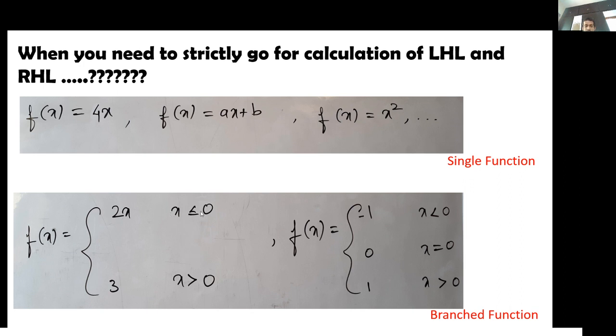So c less than 0, first case, there you do not need LHL and RHL, c greater than 0, you do not need LHL and RHL. But whenever you are taking equality sign, you need to go for LHL and RHL. So in a branched function, wherever you have equality sign, that is wherever the partition comes, at those points you need to go for LHL and RHL.